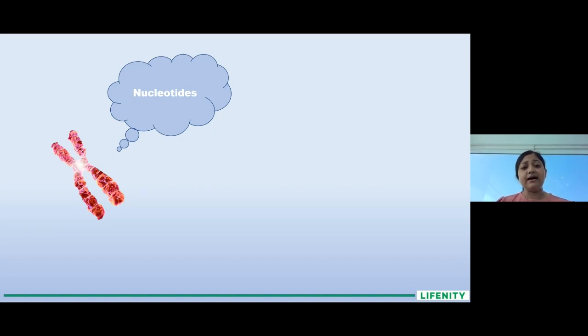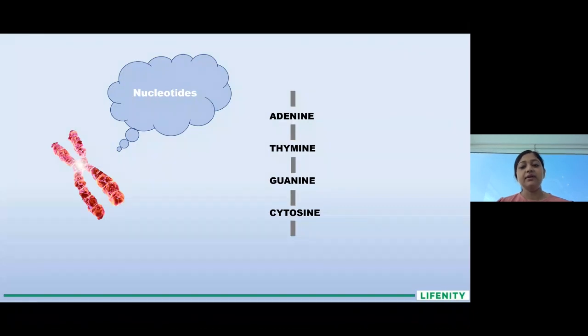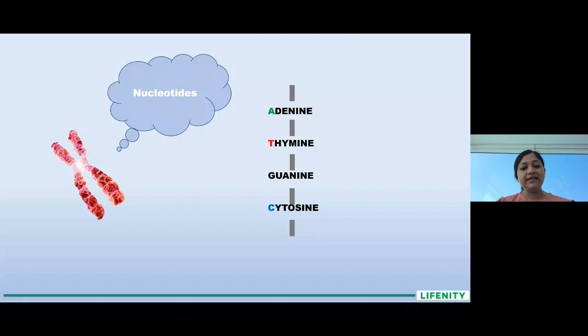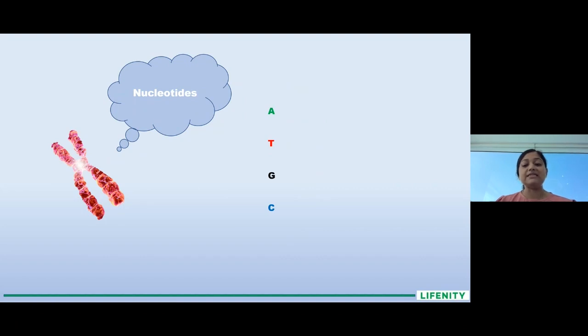These DNA molecules have a base, that is, nucleotides. There are mainly four types of nucleotides: adenine, thymine, guanine, and cytosine. As molecular geneticists, when we analyze the DNA sequence, we use the short form, A, T, G and C, because writing the full form each and every time is not possible.